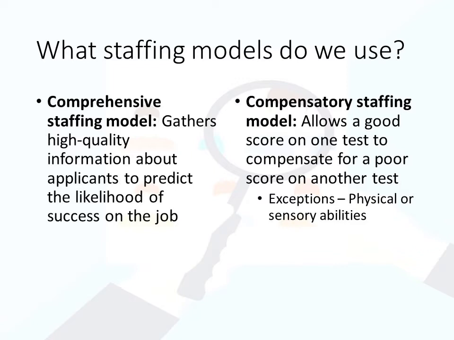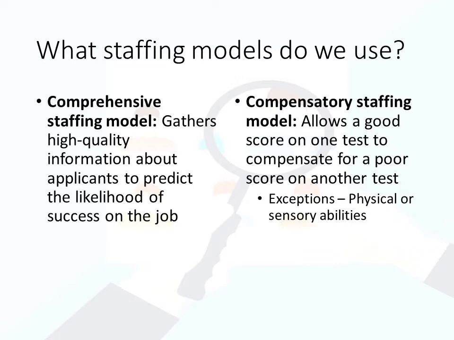When we use a compensatory staffing model, we allow some scores to compensate for other scores. We might average the scores across 5 different tests and use that one score, an average, to make staffing decisions.